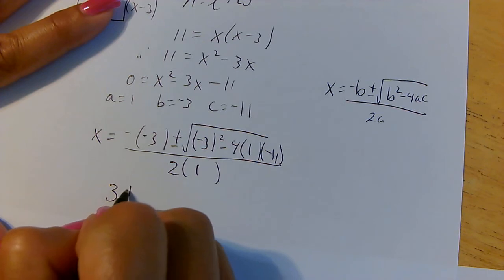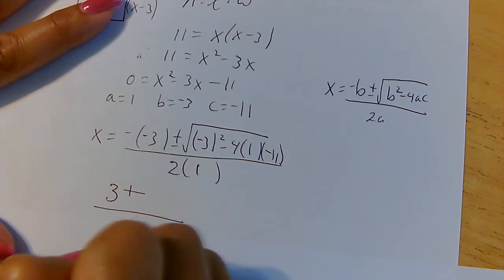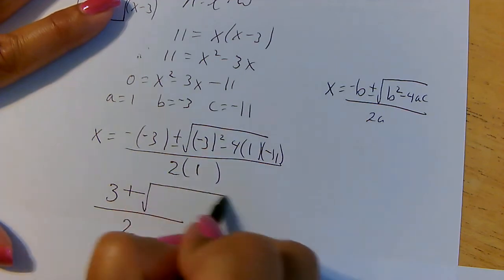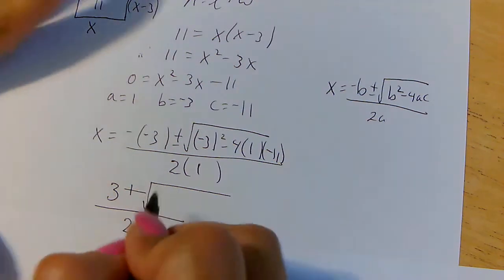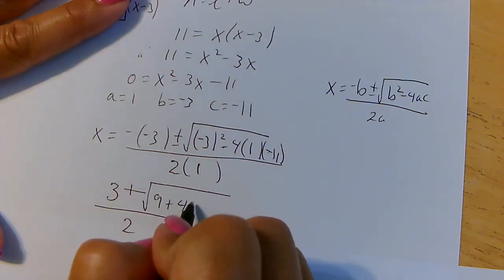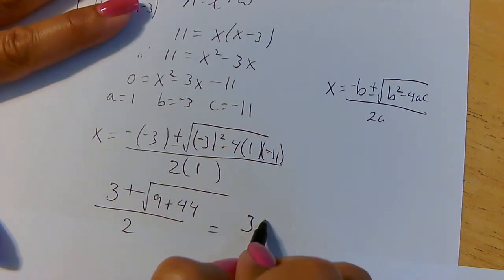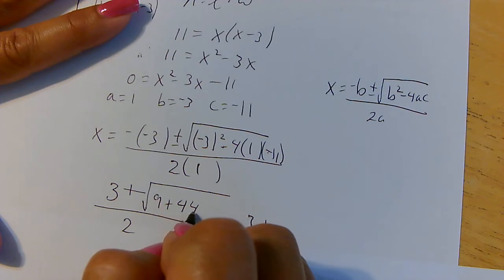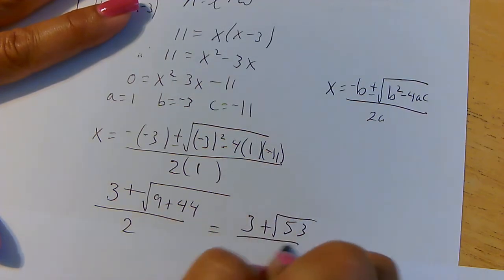3. So 9. That's going to be positive 44. So it's going to be 3 plus the square root of 53 over 2.